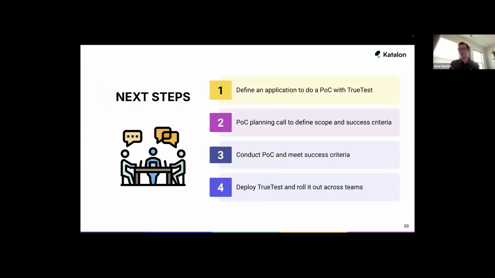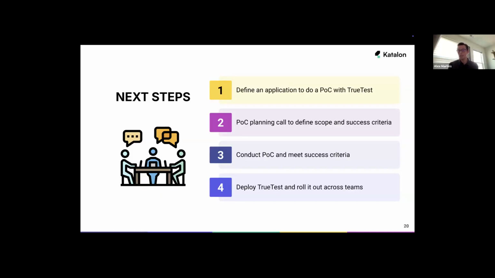And then last one, in terms of next steps, we always encourage our customers, and if you were part of the beta and you would like to now experience the full, polished version of TrueTest, feel free to reach out to us. We'd love to help you define an application to do a POC on TrueTest.